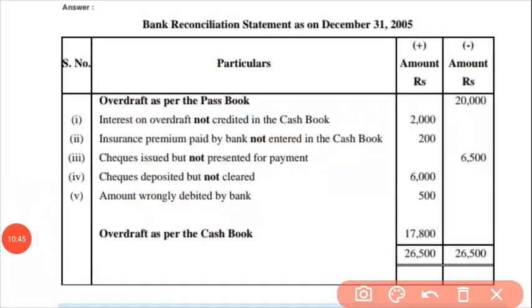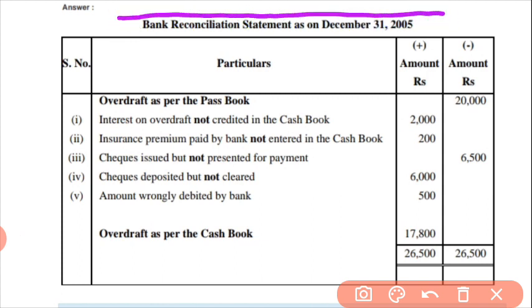So you can see, as I discussed, first of all you have to record the overdraft. Before starting, first prepare a format. How will you prepare the format? First of all, write on the top: Bank Reconciliation Statement as on 31 March 2005.